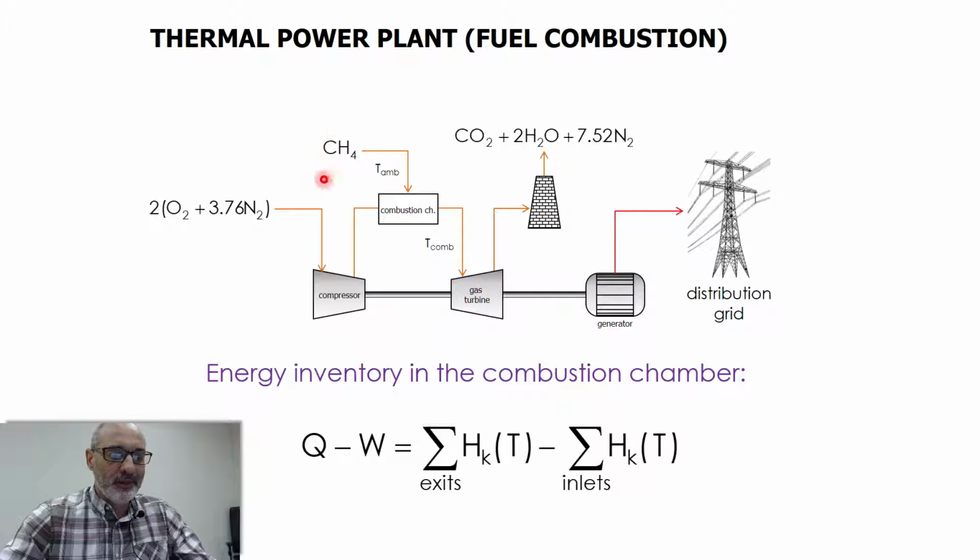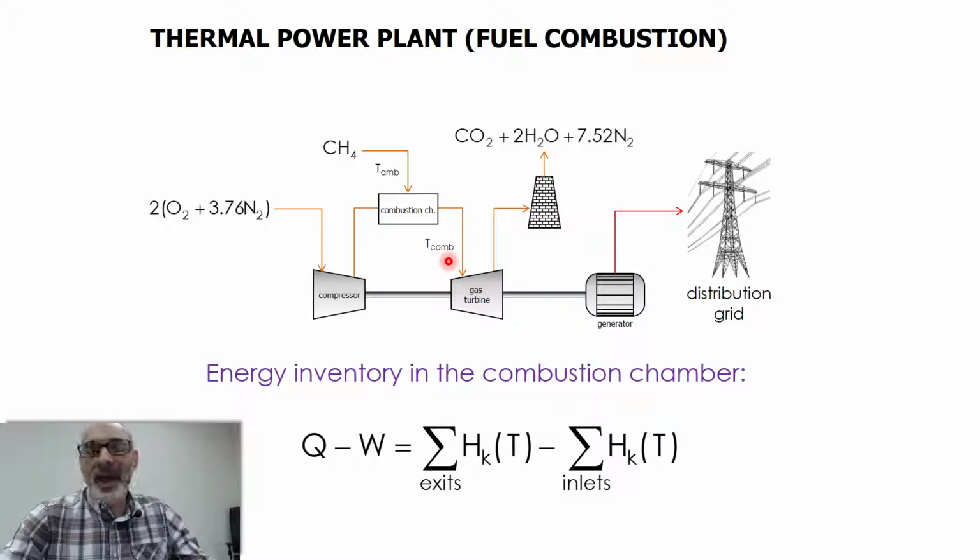So you have air entering the compressor, being compressed to the pressure of the combustion chamber, and here you mix your fuel, methane, just for simplicity. Okay, so the combustion reaction takes place in the combustion chamber.